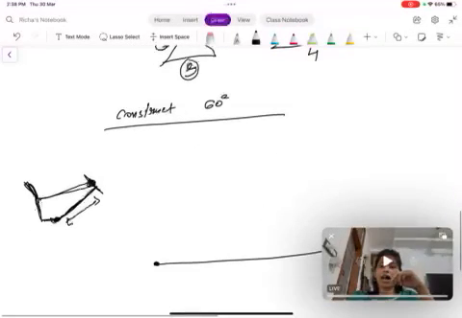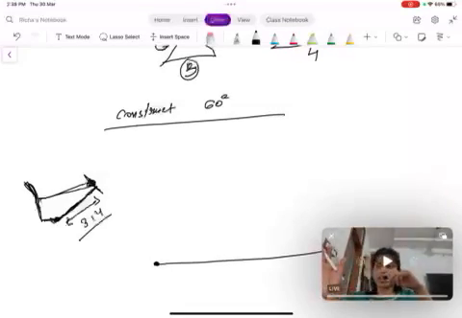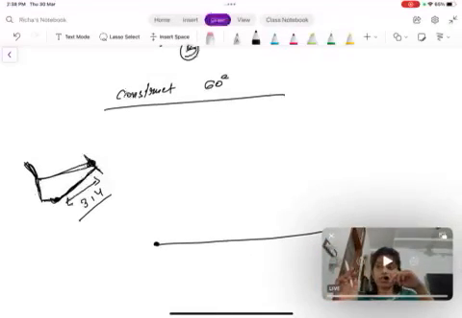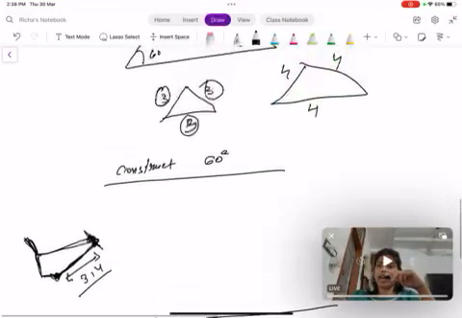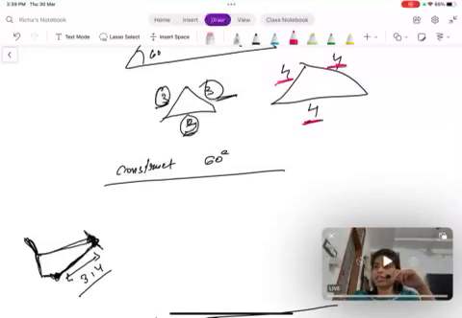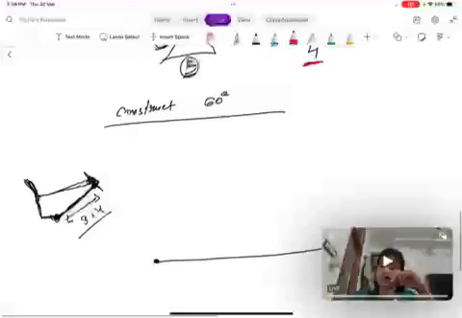I have the freedom to decide this length. I can take it as 3 centimeters, 4 centimeters, or arbitrary. I don't even have to measure it. But whatever length I take in the initial stage, I will continue with that, because in an equilateral triangle the length has to be the same.